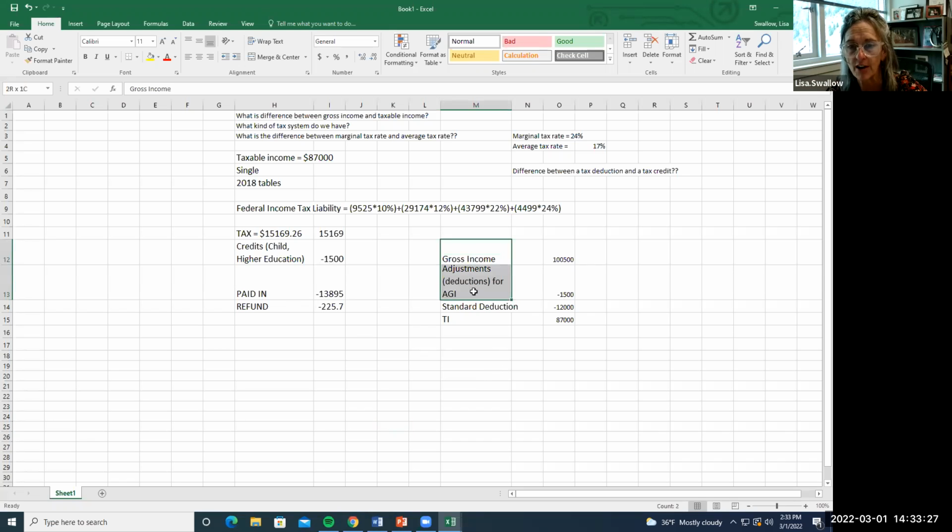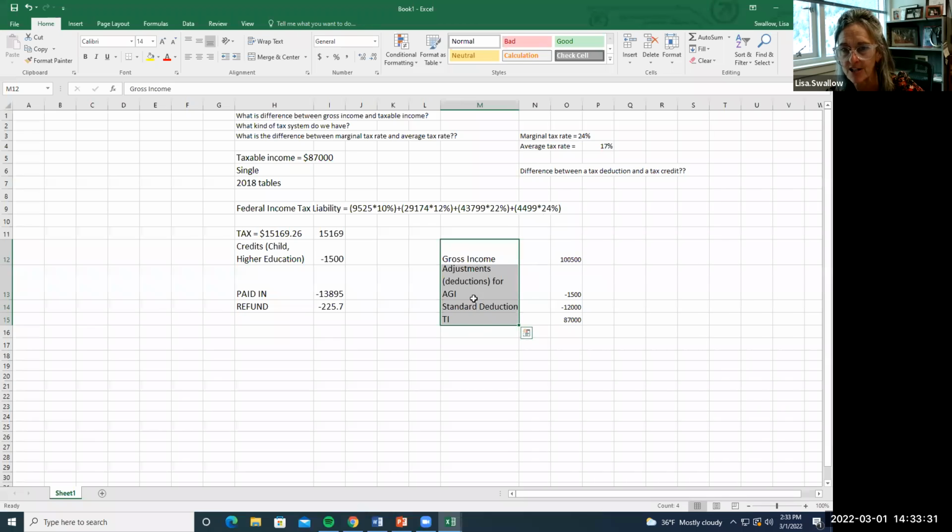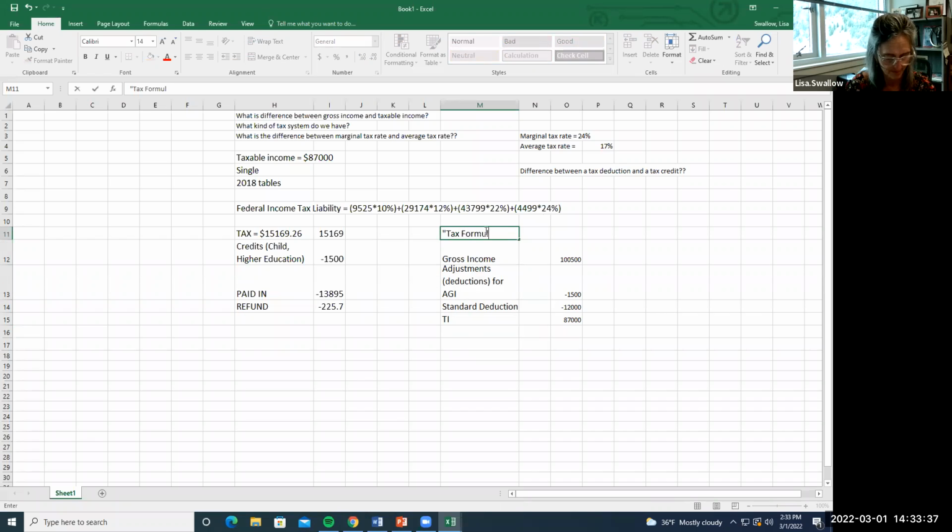Okay, so first off, can somebody just define what this is? We looked at that on the slides. This is called the what? It's just the tax formula, right? Gross income minus your adjustments minus your standard deduction gives you taxable income, right?